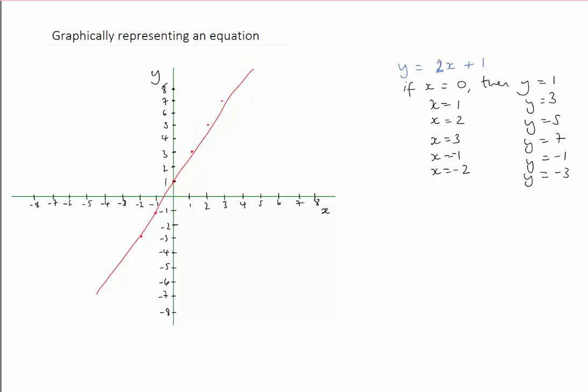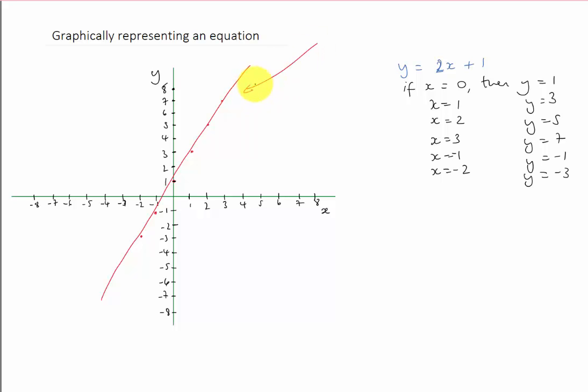Shall I have one more go? Slightly better. So there is a straight line showing all the possible combinations where there are values of x and y which combine to make this equation true. In fact, let's write that.